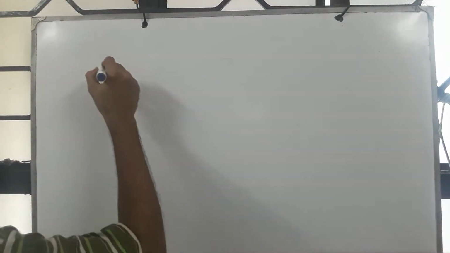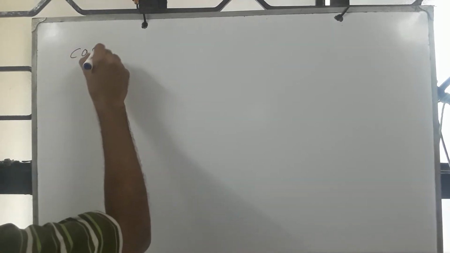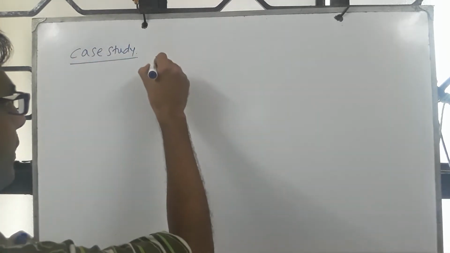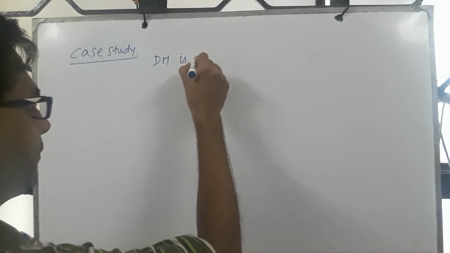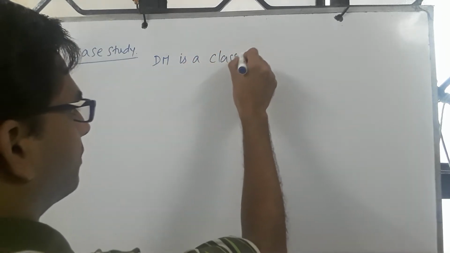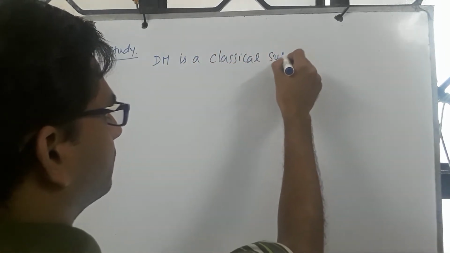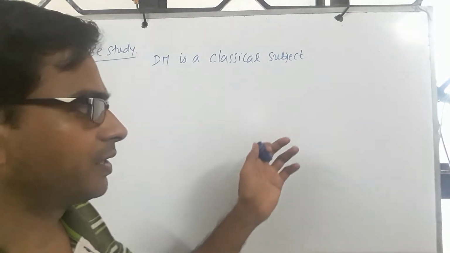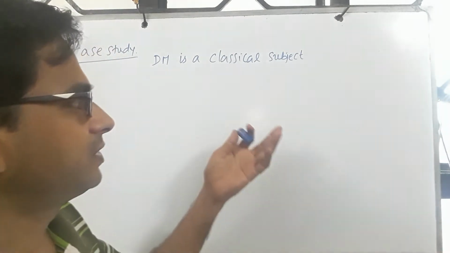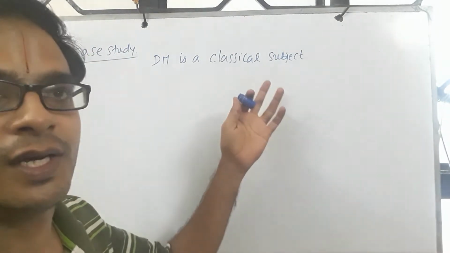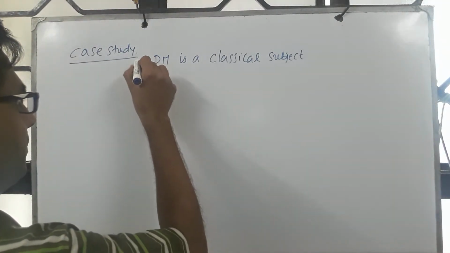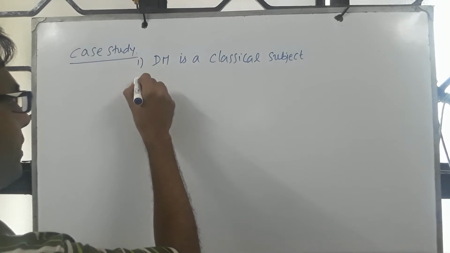Let's look at this. DM is a classical subject. So something like it's an argument. You can imagine a computer scientist making a sequence of statements of this form. The first statement that he makes is, he says DM is a classical subject.